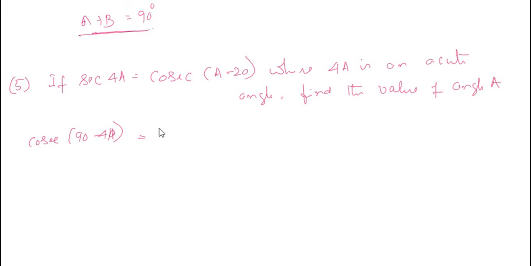So this is equal to cosecant a minus 20. Therefore 90 minus 4a equal to a minus 20. Bringing 4a to this side, we have 5a equal to 110. Therefore a equal to 110 divided by 5, that is 22 degree.